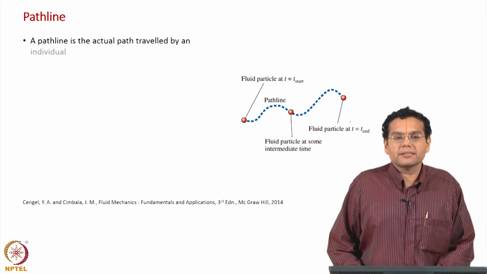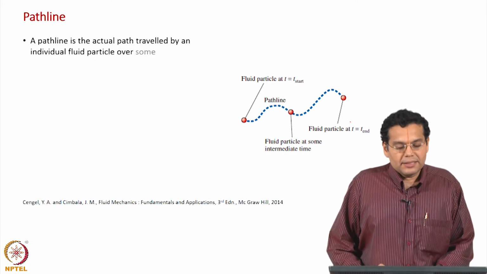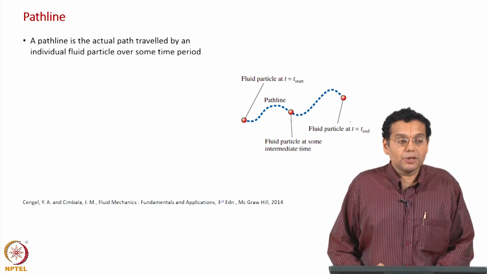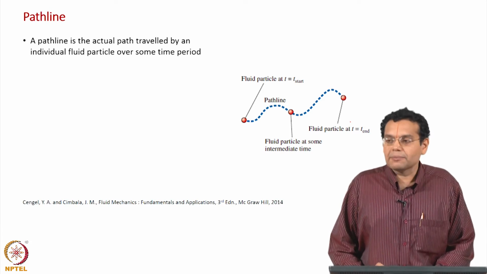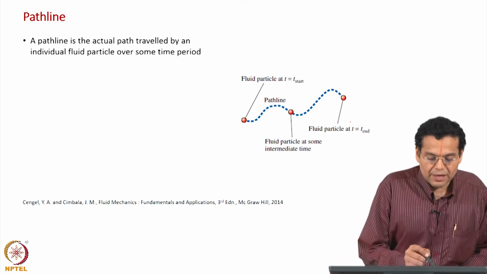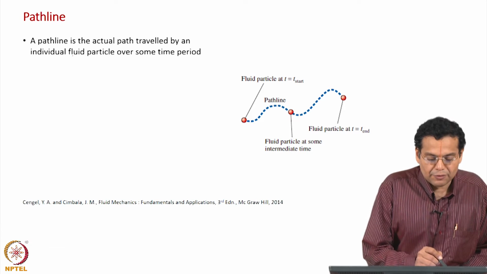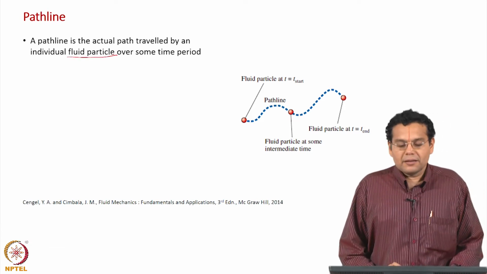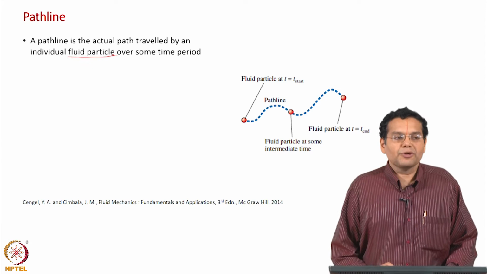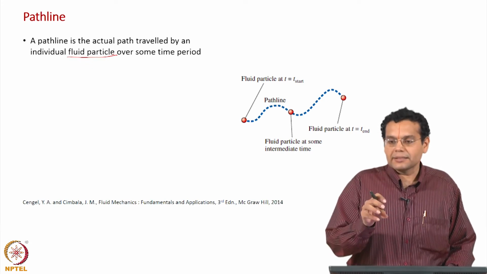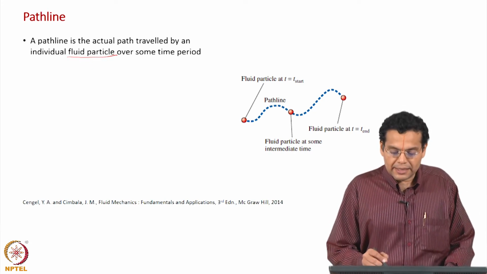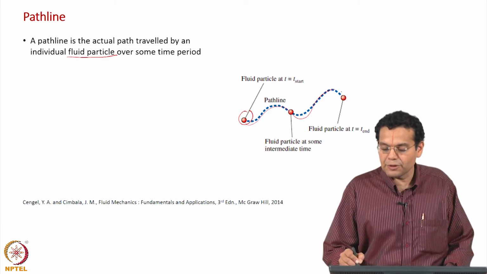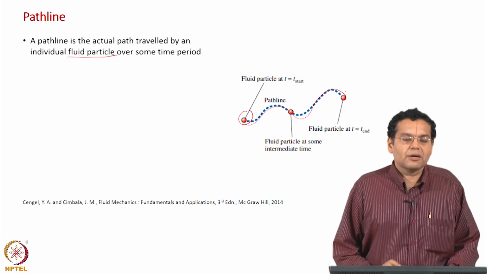A path line is the actual path travelled by an individual fluid particle over some time period. Now, we are familiar with the term fluid particle. If you identify a fluid particle as usual by adding a dye, and then you track the path followed by the fluid particle, that is called a path line.